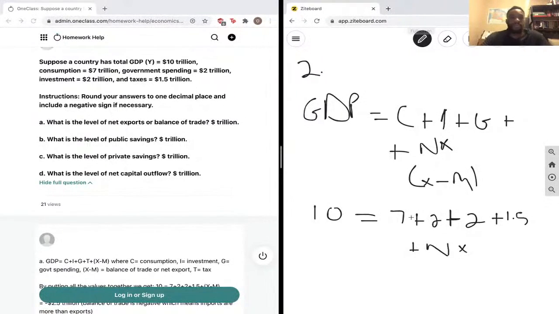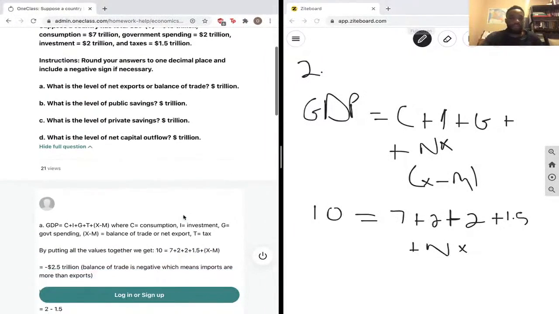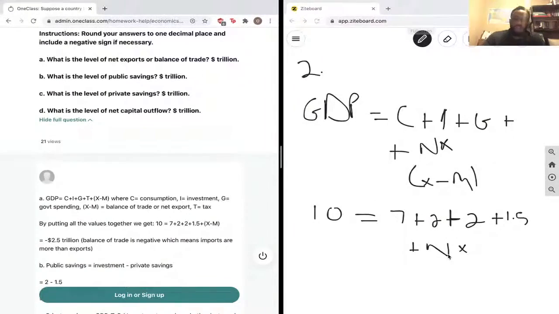So we know 7 plus 2 plus 2 is equal to, 7 plus 2 is 9, plus 2 is 11, plus 1.5 is 12.5.